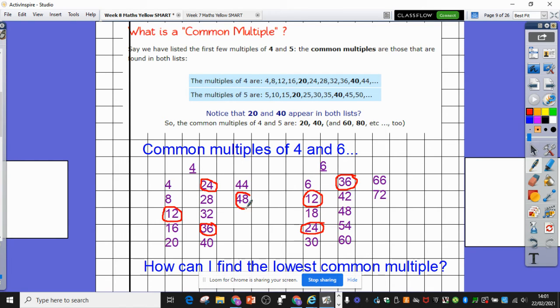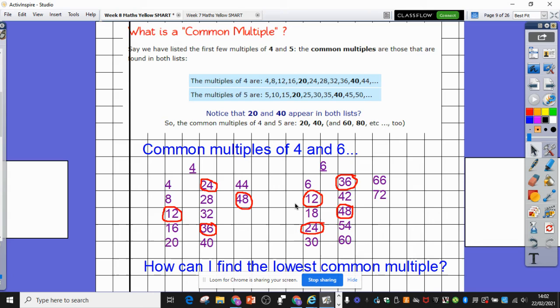Yes, it does. Now, I could go on and continue with my 4 times table and go to 52 and 56 and so on. However, I am now going to find the lowest common multiple, so I don't need to go any higher because I've already found my common multiples.